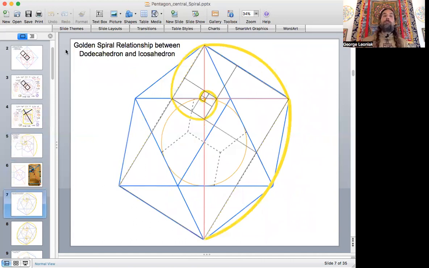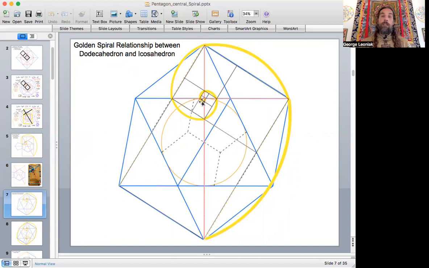So anyway, the golden spiral relationship between the dodecahedron and icosahedron is just fascinating, because you really can't tease apart these two forms, because whenever we do the pentagram faces inside this big icosahedron, they automatically make the nested dodecahedron that's within it.